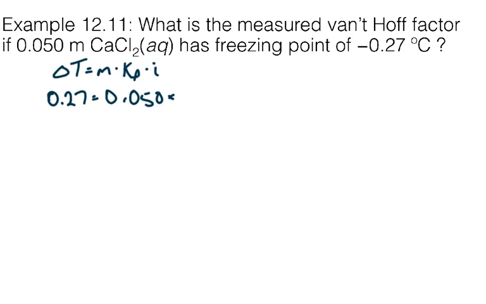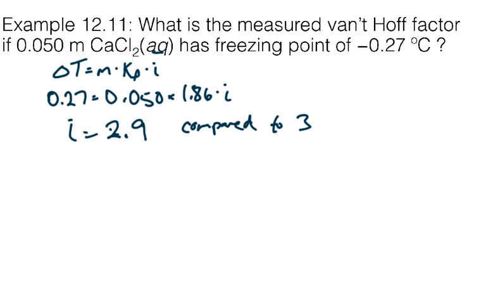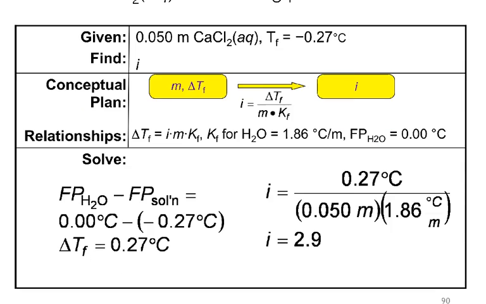It's an aqueous solution, so that's going to be the 1.86, which you can look up in a table. You don't have to memorize that. Times my i. So I can solve for my i, and I get an i value of 2.9 compared to the predicted 3. So it's slightly lower.